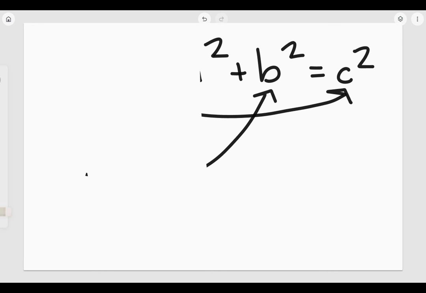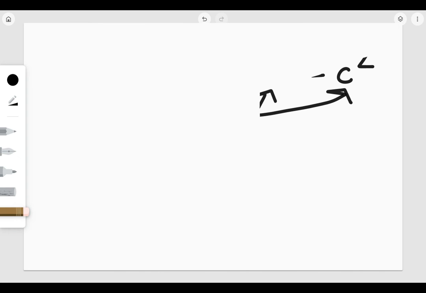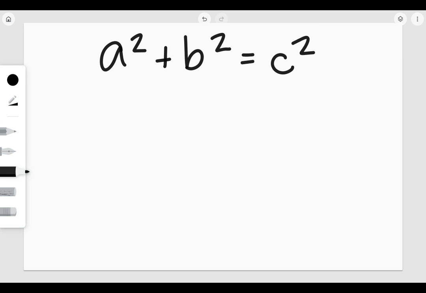What this does for us is it helps us figure out a side if we are not given every side of a right triangle, or things that make right triangles in real life. We can use this theorem, this formula, to find them. So let's prove this formula with a right triangle that you will see pop up in real life quite often.